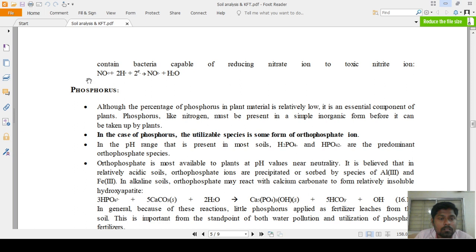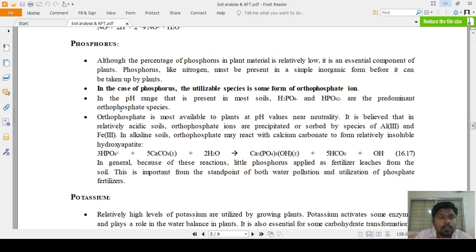That is the reaction given here, how nitrates are converted into nitrite. Nitrite is poisonous.